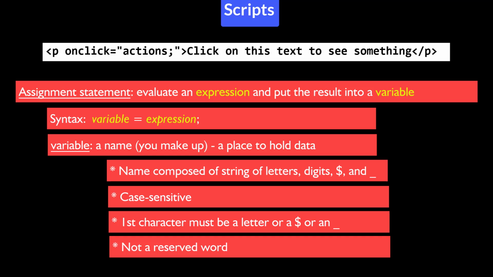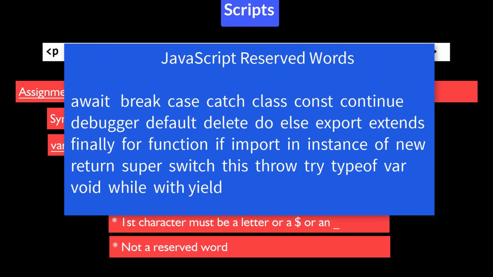There are a number of reserved words that may not be used for variable names, and you're unlikely to choose them anyway, but here's the list: await, break, case, catch, class, const, continue, debugger, default, delete, do, else, export, extends, finally, for, function, if, import, in, instanceof, new, return, super, switch, this, throw, try, typeof, var, void, while, with, yield.